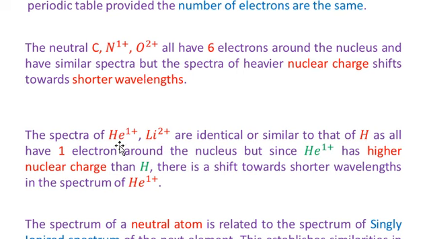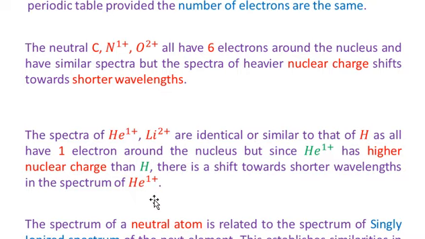The spectra of singly ionized helium and doubly ionized lithium are similar to hydrogen, as all have one electron around the nucleus. But since singly ionized helium has a higher nuclear charge than the hydrogen atom, there is a shift towards shorter wavelengths in its spectrum.